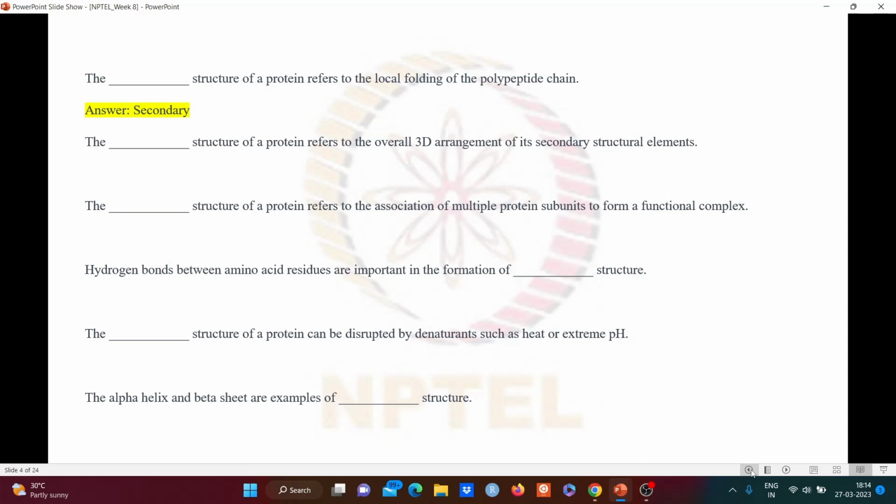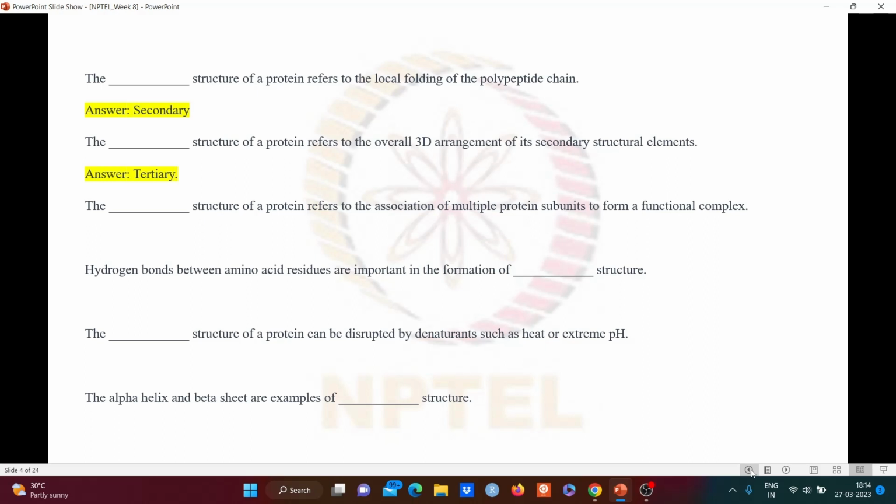I request everybody to provide the answers so that will be useful for our discussion. Yes, the 3D arrangement of secondary structure elements stands for the tertiary structure.